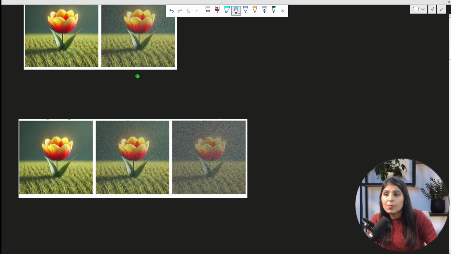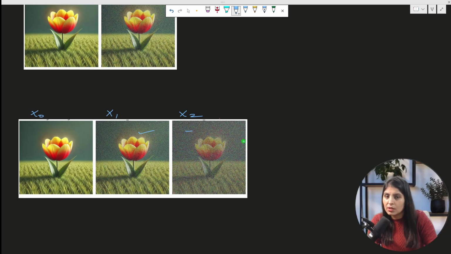Now this is the image at time step 1, and this is the image at time step 2. The image at time step 2 is noisier as compared to the image we have at time step 1. So here we can see that every next time step will have a noisier image.